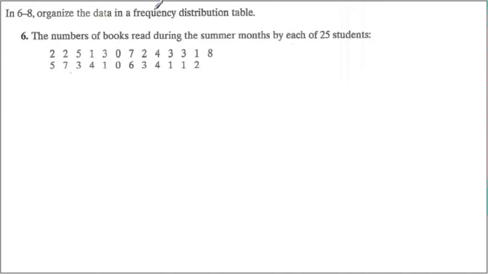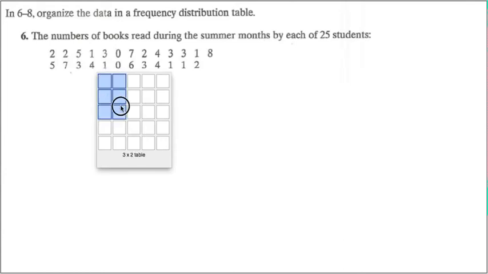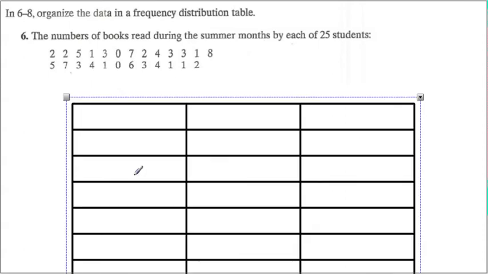Frequency table, frequency distribution table. So in this case, we're going to set up the table. We're going to look at 3 columns with some numbers here, just randomly picking them.